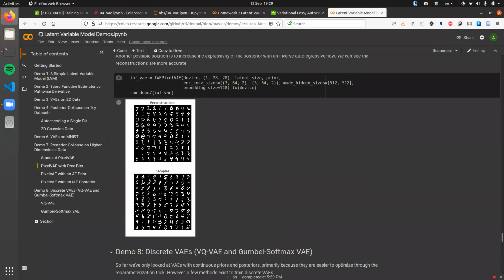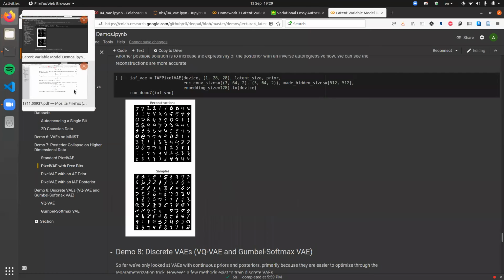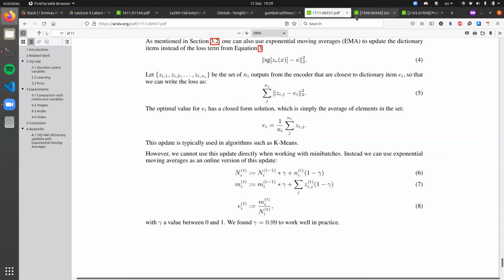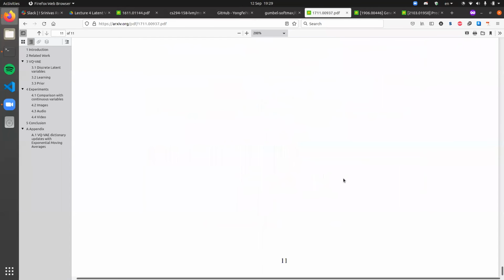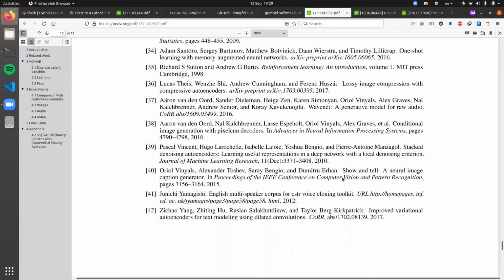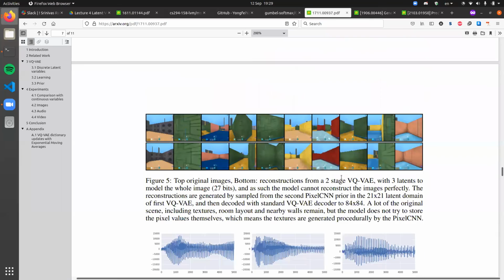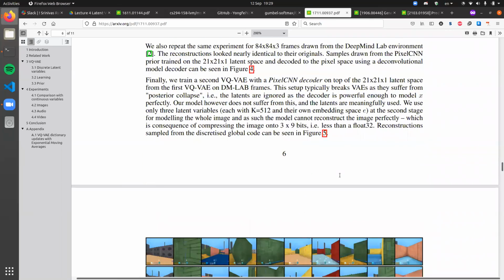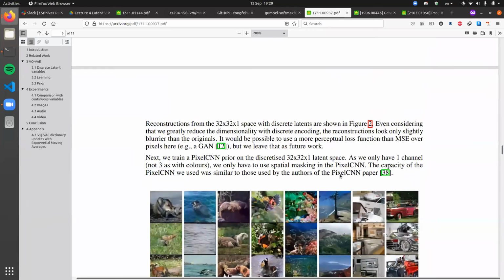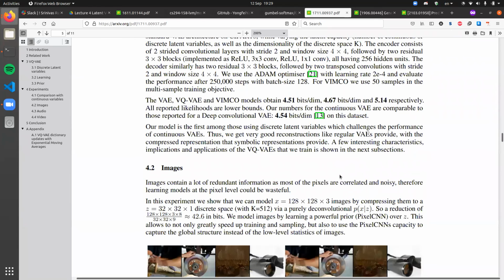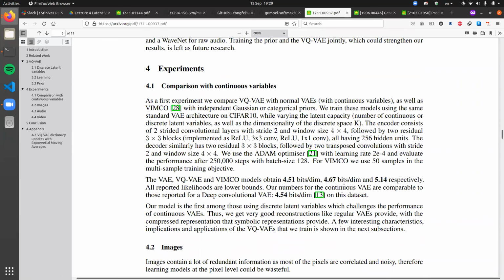Yeah, but in the variational VQVAE paper, they mention that the VQVAE actually does not have this problem with posterior collapse, because the KL divergence loss is constant in this case.